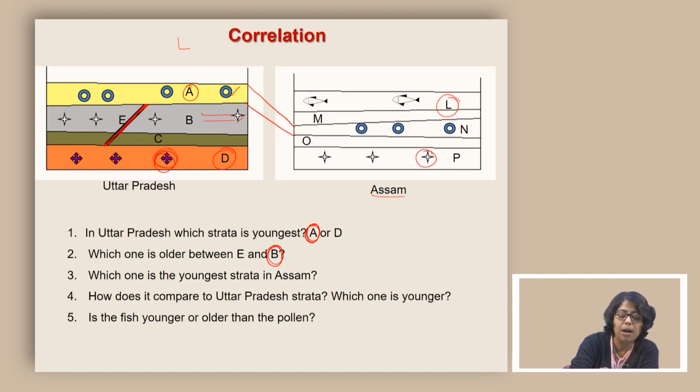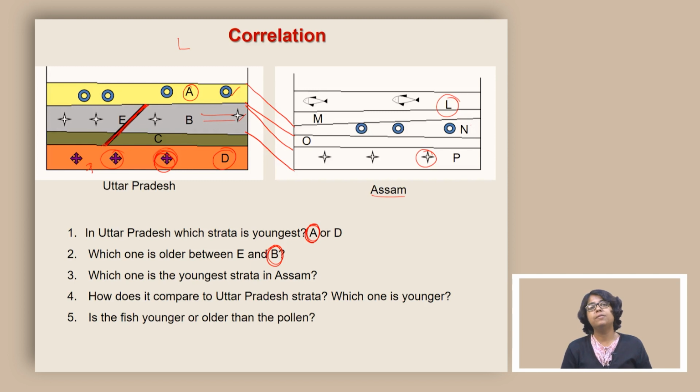These pollens are always there in this strata, and the fishes are only present in Assam, in layer L. If we connect this strata to this one, we will see that P is actually younger than D. So, D is quite old, and these pollens are quite old. Compared to these, the fish is younger. Using the same principle, you can connect completely discrete strata which have some fossils.